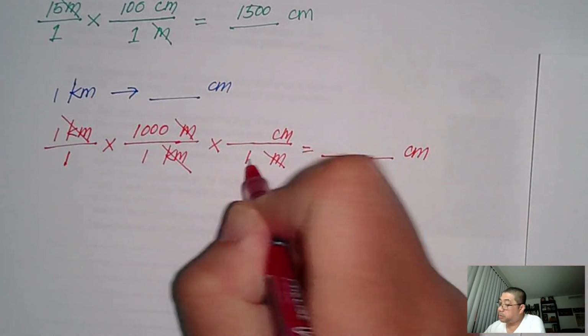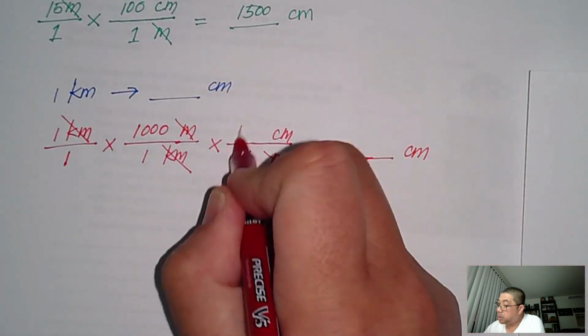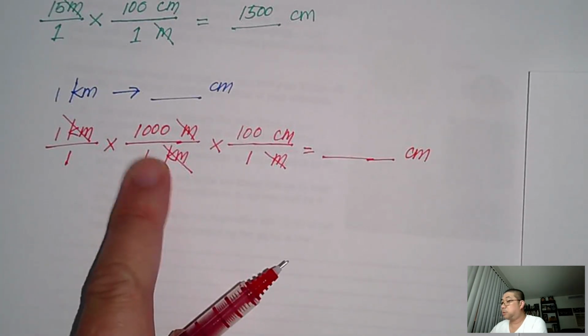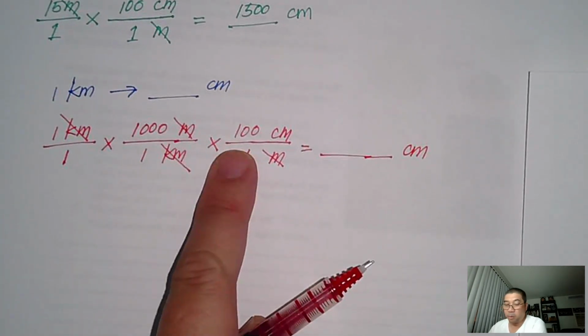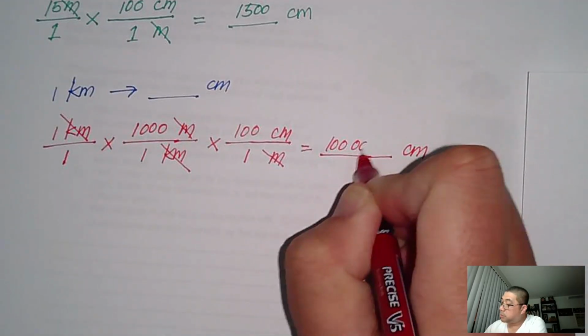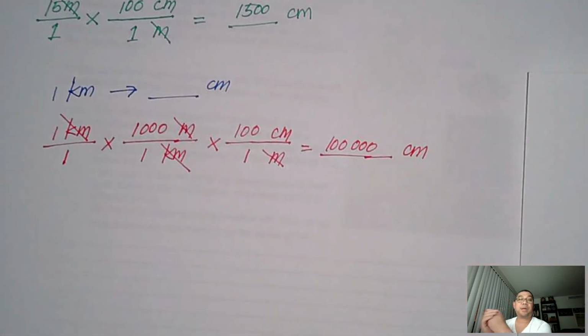We all know that meter is bigger than centimeter, and there are 100 centimeters in 1 meter. So if you multiply 1000 by 100, that will give you 100,000 centimeters. So that will be the final answer for this question.